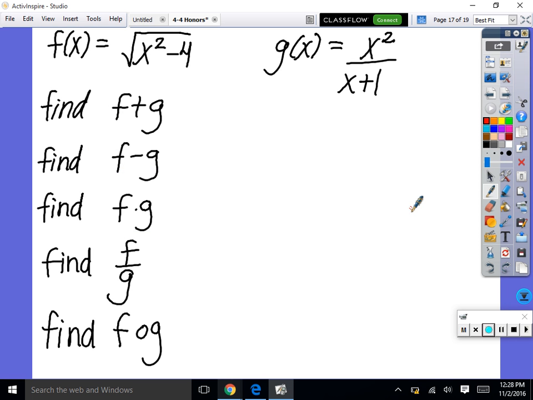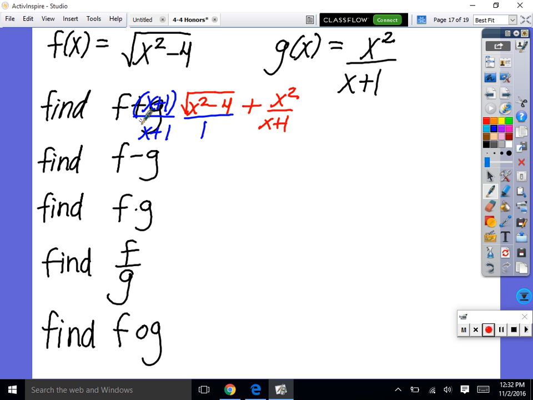So how about we do all of those? Okay, so f plus g of x, so that's the square root of x squared minus 4, both under the root, plus x squared over x plus 1. Now that's a great answer, but let's see if we can get a common denominator, thinking smartly here. So this is over 1, so now we need to multiply by x plus 1 over x plus 1. There's two terms, I better put parentheses here.